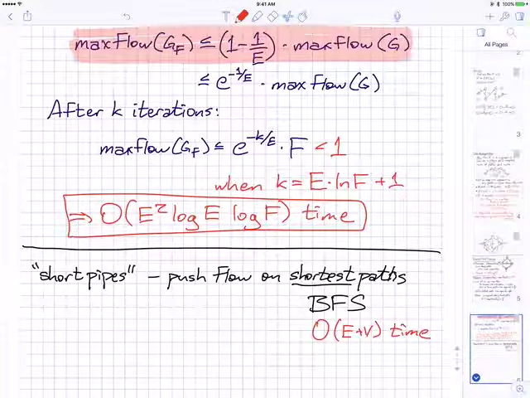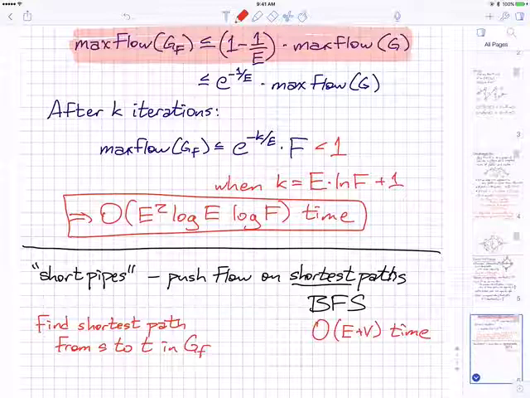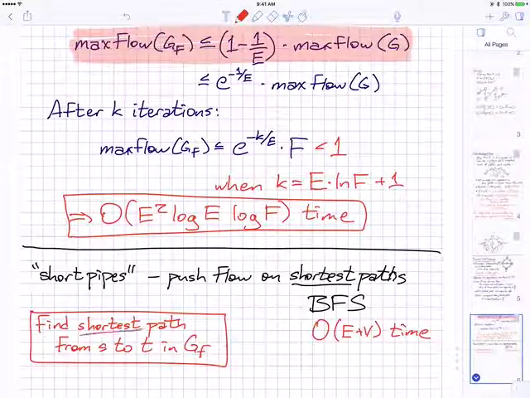So you can say this a little bit more explicitly: find the shortest path from S to T in the current residual graph. And the only difference from the previous presentation of Ford-Fulkerson is that in the previous presentation, this was the word any. Now I'm finding the shortest.